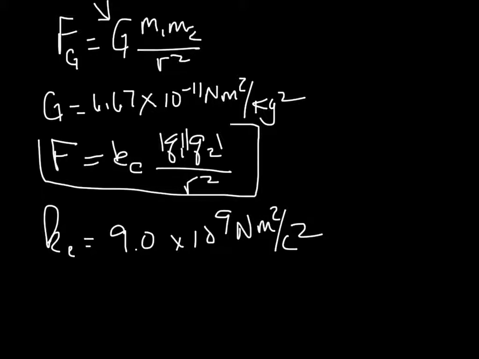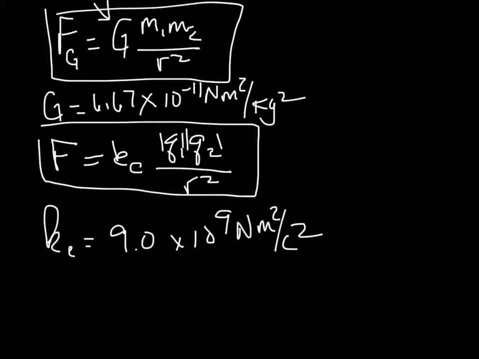They're both inverse square laws, and they're both a result of products of two things. Now, mass and charge are two very different things. But Coulomb's law, notice, is times 10 to the ninth, so it's a very, very large force compared to the gravitational force.